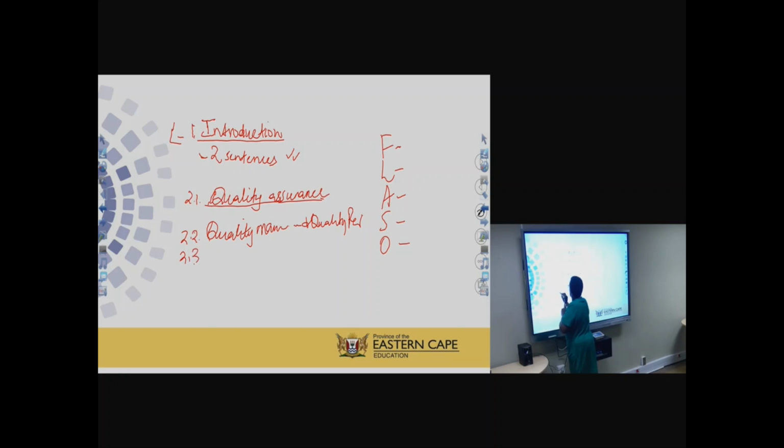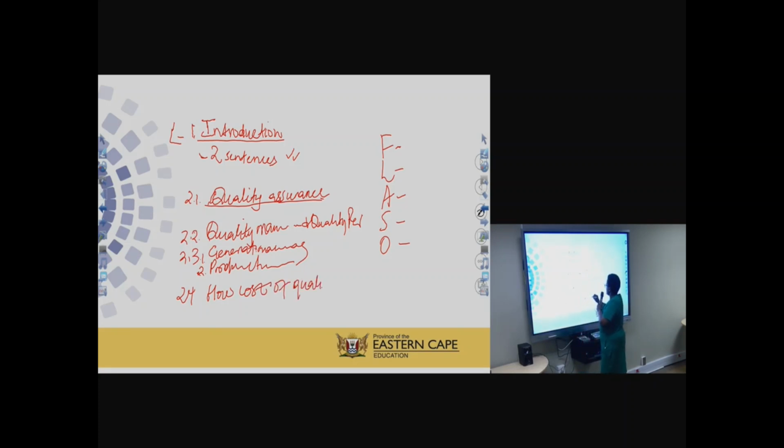Then 2.3, I will be having 2.3.1 and 2.3.2, because the first one will be, I will be outlining or discussing general management performance indicators, and also production function performance indicators. The last one will be 2.4, so how costs of quality can be reduced, if I'm not mistaken. Then the last one will be your conclusion, which will be number 3.